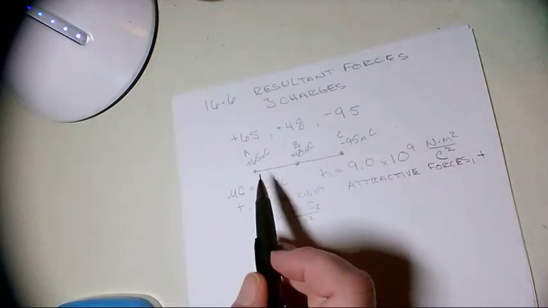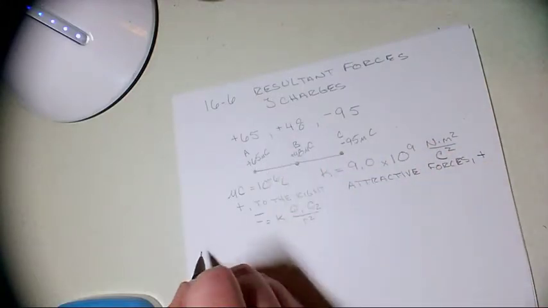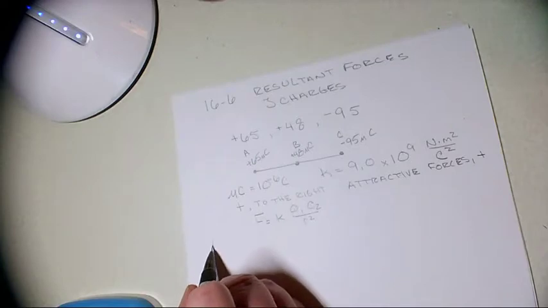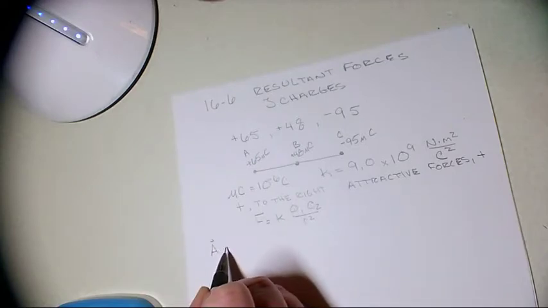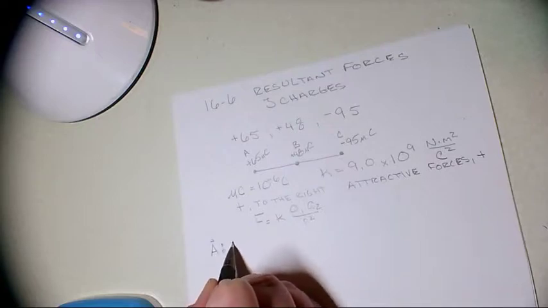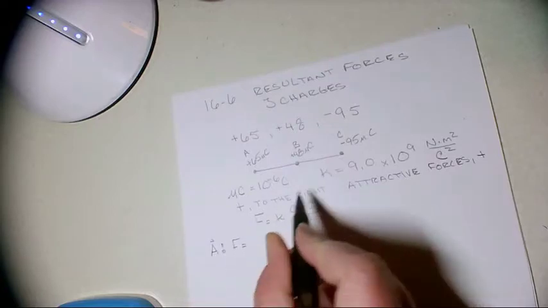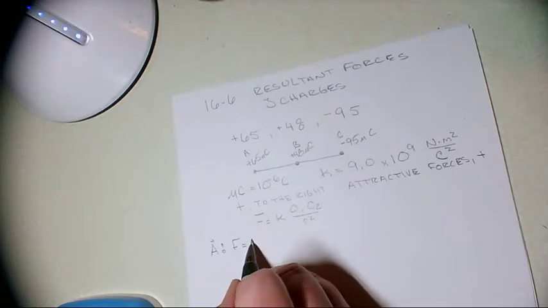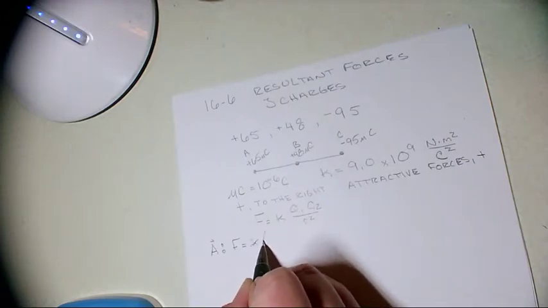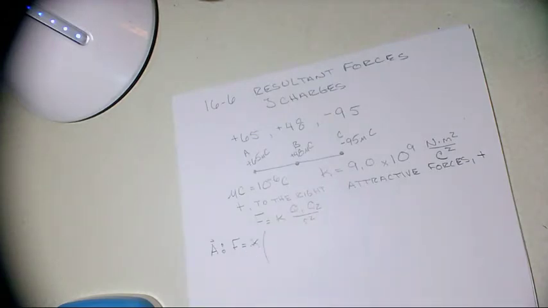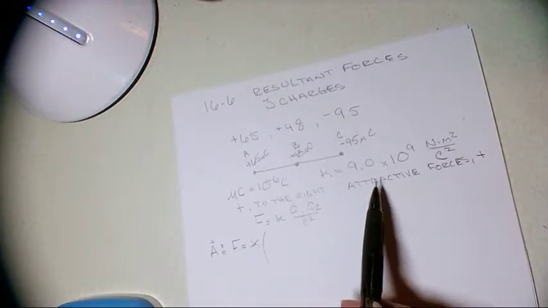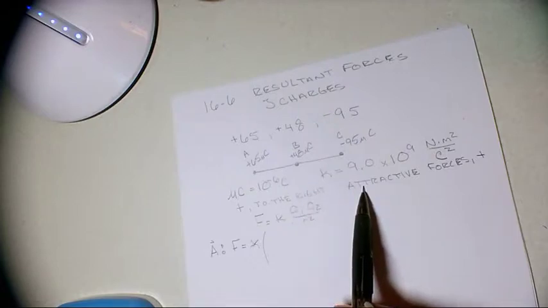I think the book just labels them what they actually are. It's your choice, total personal preference. So, force A equals, and I don't want to carry this K through, so I'm just going to pull it out and make a big equation to go inside.